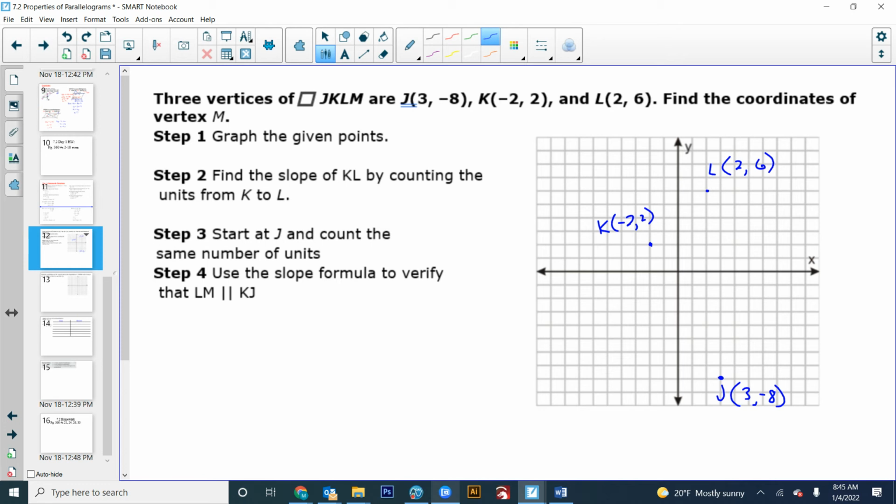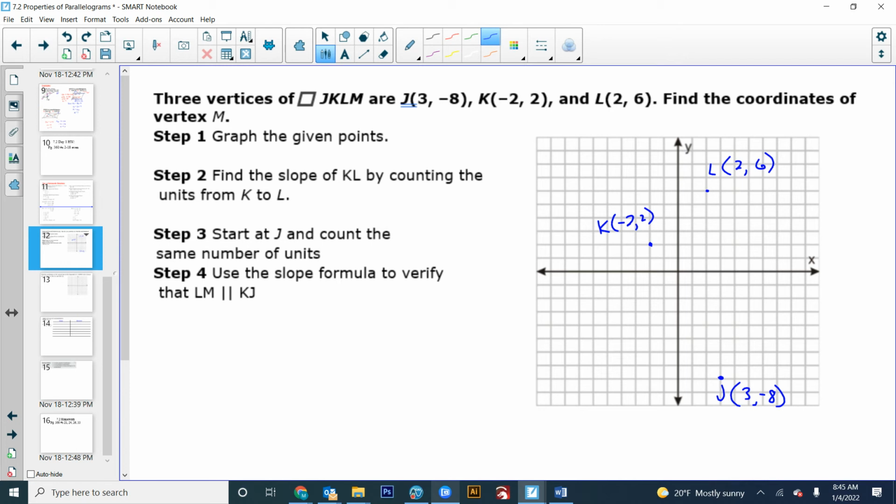How many of you see that? It could be off the page down here and make a parallelogram. Can you see that? How many of you see a parallelogram if I go J, K, L, M and put M here, I could make another parallelogram, right? There's 2 possibilities, but its name is J, K, L, M. This is the one, this is the area where it has to go. You understand that? Because of the order, it has to be named in a certain order. So when we go to find M, it's going to be over here.